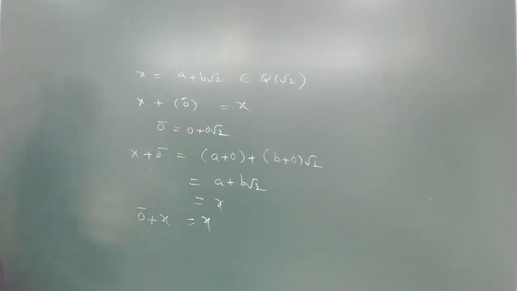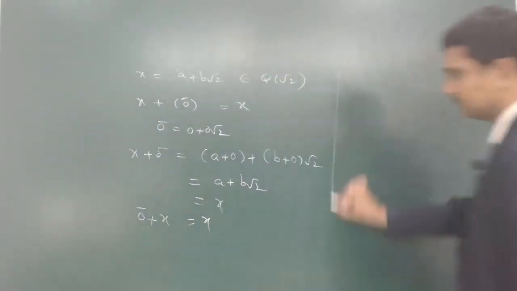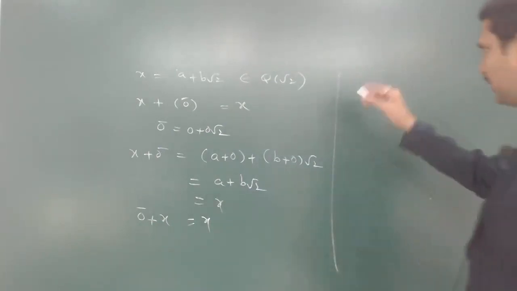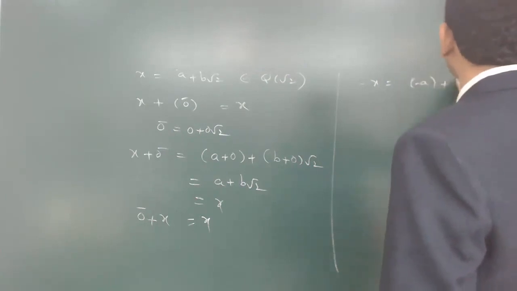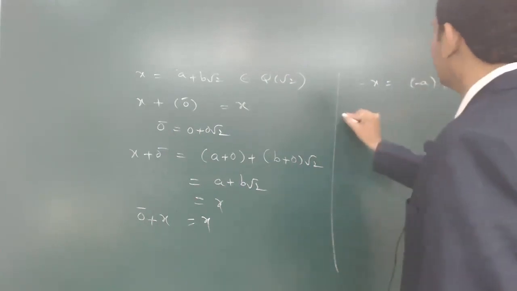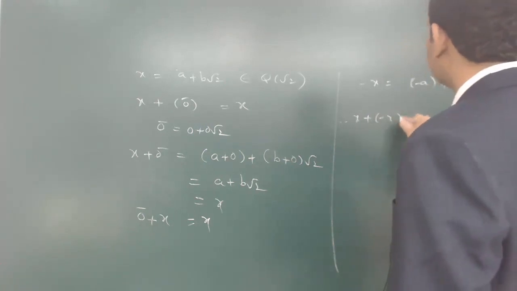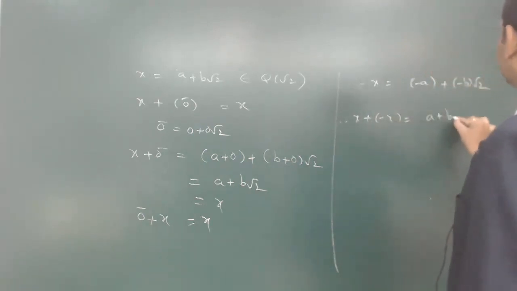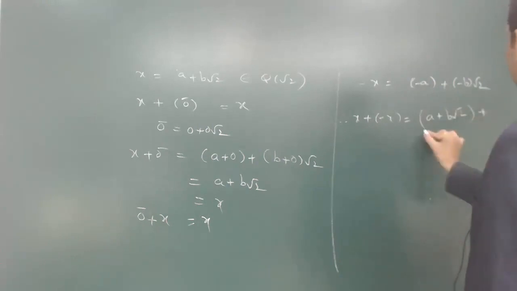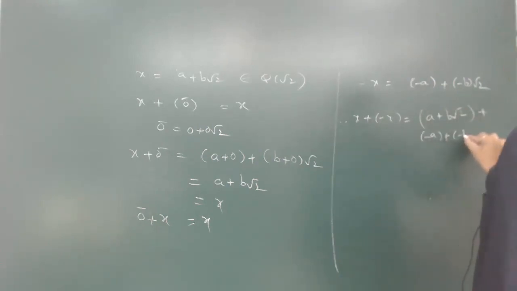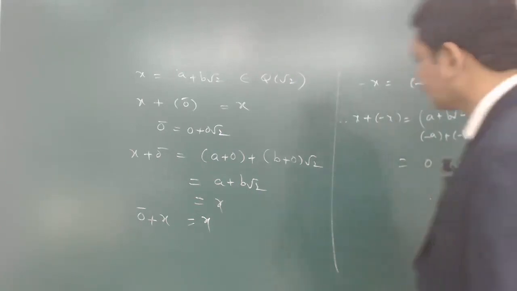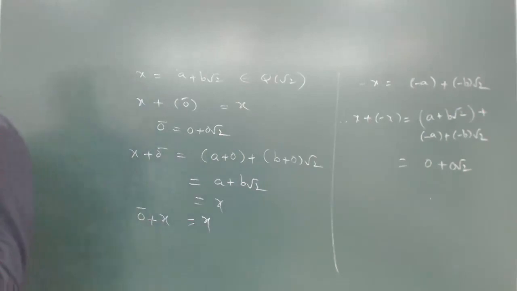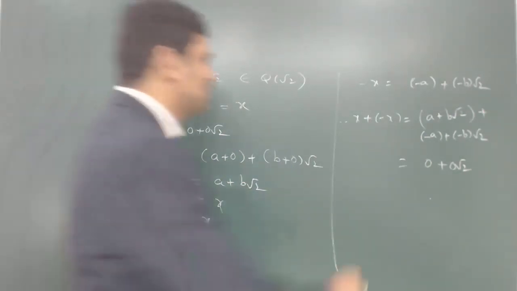Okay. And coming for the inverse, if you take x plus minus x, so minus x is the inverse for x with respect to the addition, and commutative is very easy.